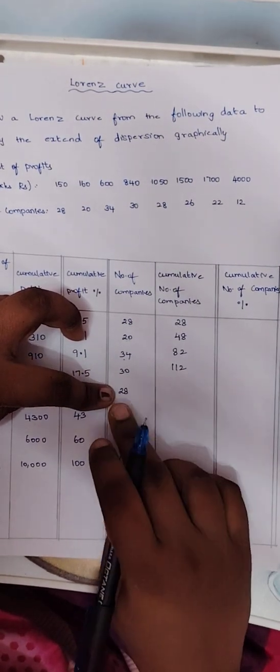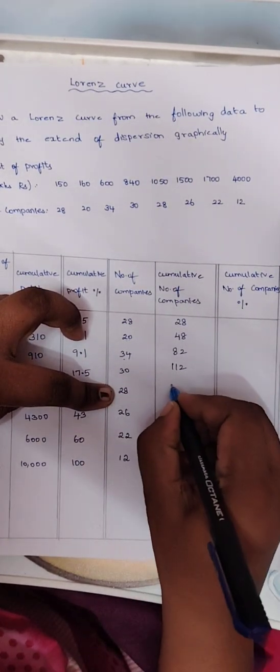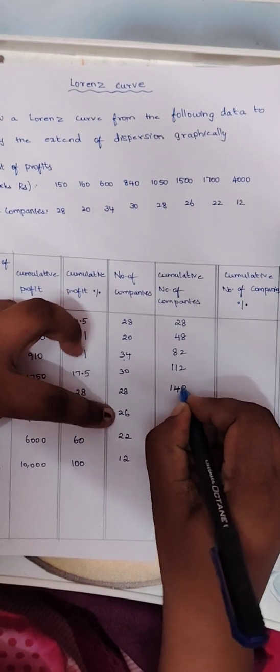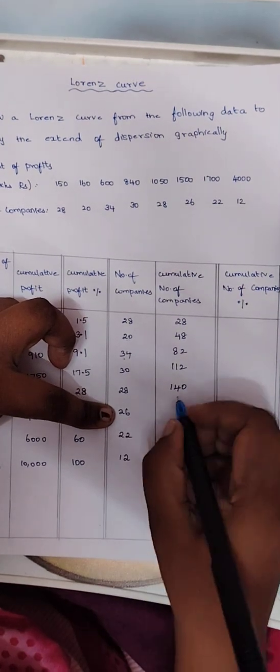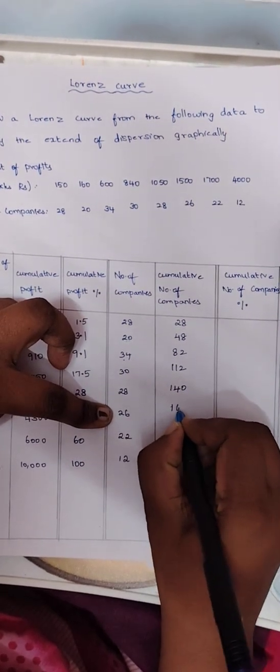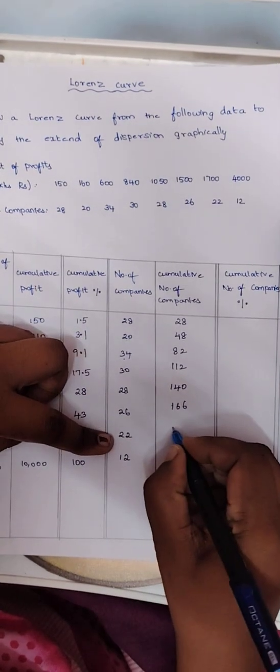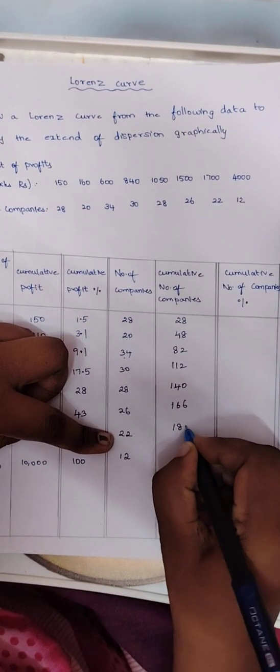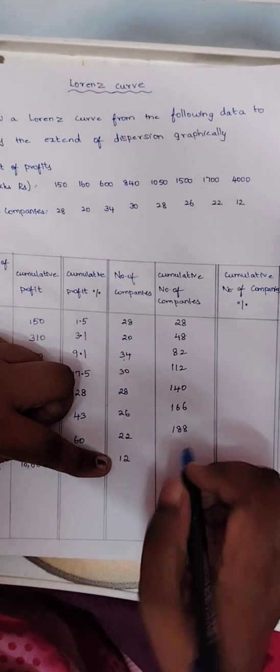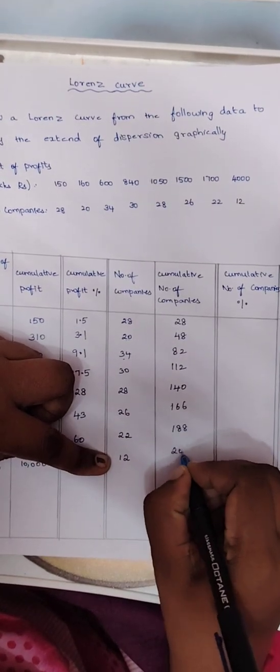And then 112 plus 28, it will give me 140. Then 140 plus 26, it is 166. Then 166 plus 22, it is 188. And then 188 plus 12 is 200.